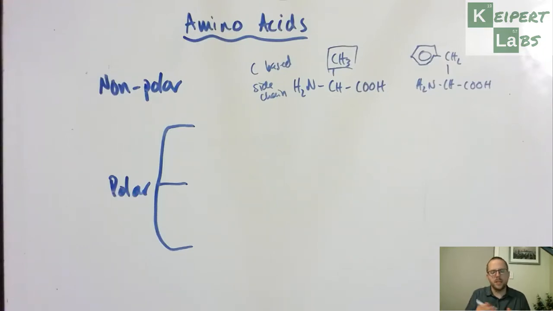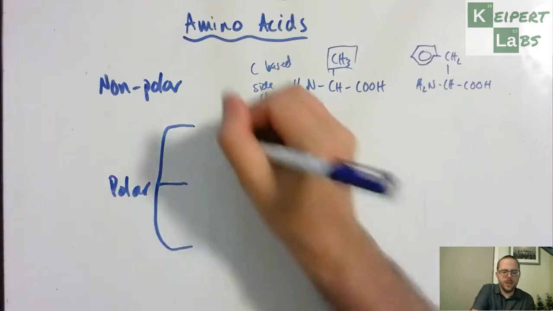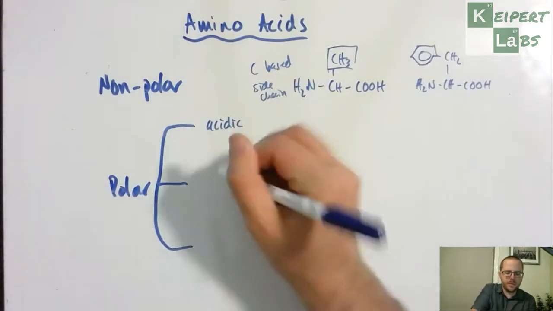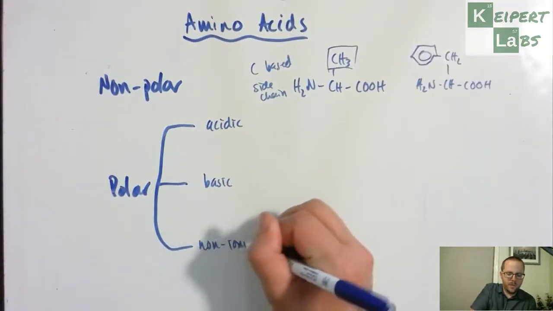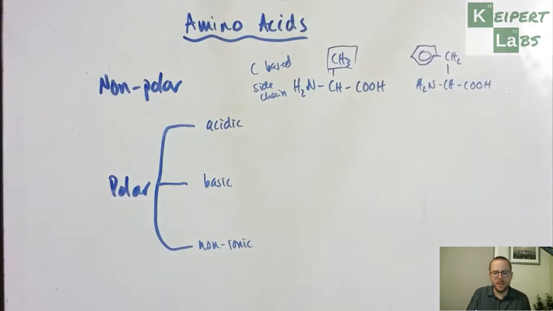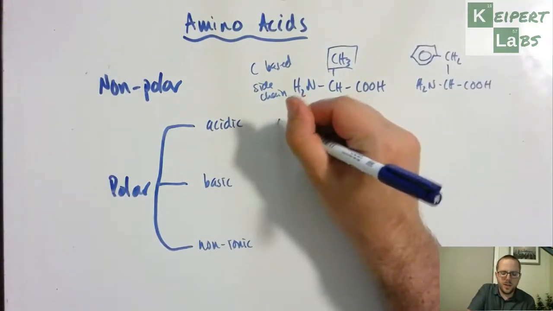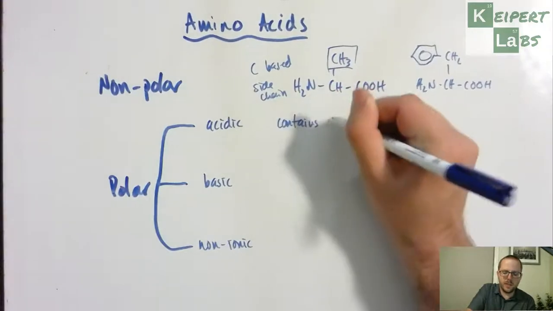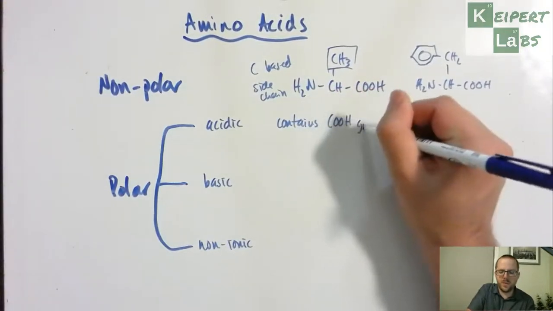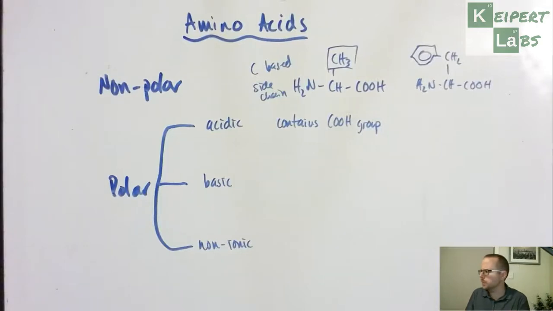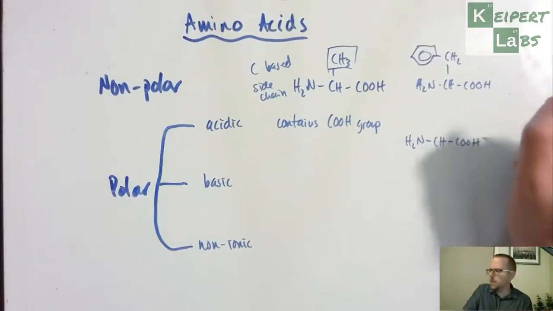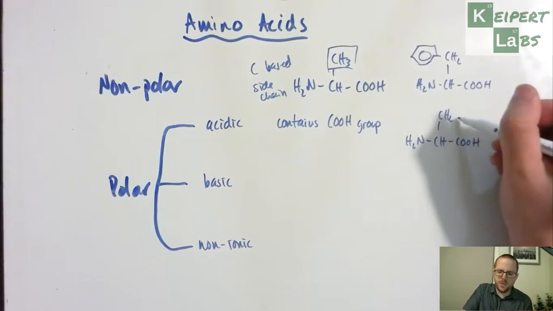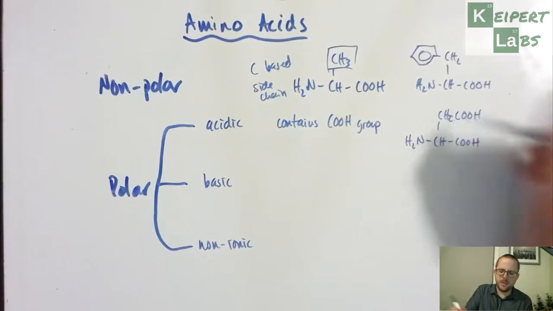And then out of the polar ones, we can consider them to be acidic, basic, or non-ionic. Okay, so acidic, the side chain contains a COOH group, one that's not part of the amino acid. So we've got one that's called aspartic acid, and it's got CH2 COOH that looks like that.